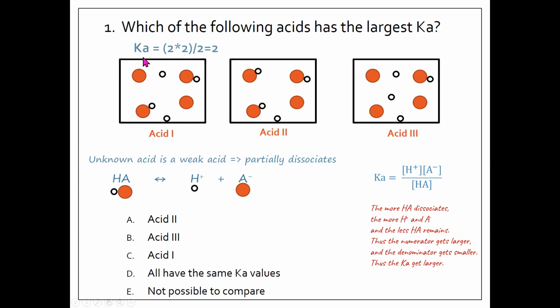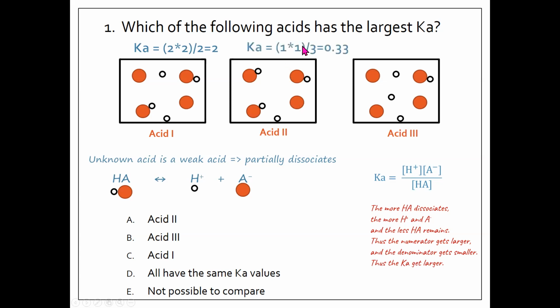So if we look at this Ka, we've got two of the A minuses, two of the protons, and we've also got two of the HAs that stay together, so that weak acid stays together in undissociated form. So that has a Ka of 2. And in this one, we have even fewer dissociated. We only have one dissociated.